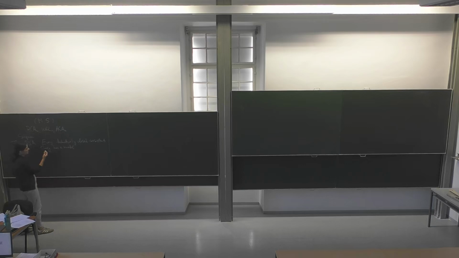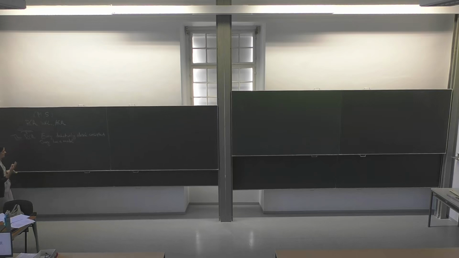So in particular, every complete consistent theory has a model, and every deductively closed consistent theory has a completion. And if we take this out, everything is over RCA naught, so I will not mention it extra.